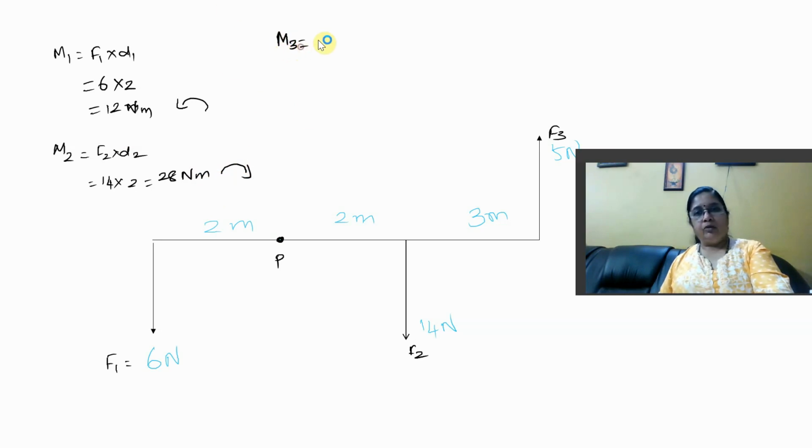M3 is equal to F3 into D3. F3 is 5. What is D3? Distance is the distance from the pivot. So how far is this force from the pivot? 2 plus 3, 5. So 5, that is equal to 25 Newton meter.